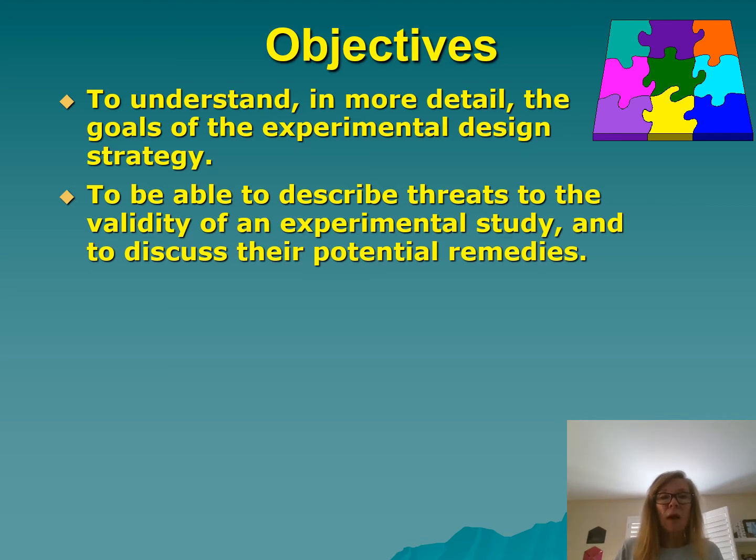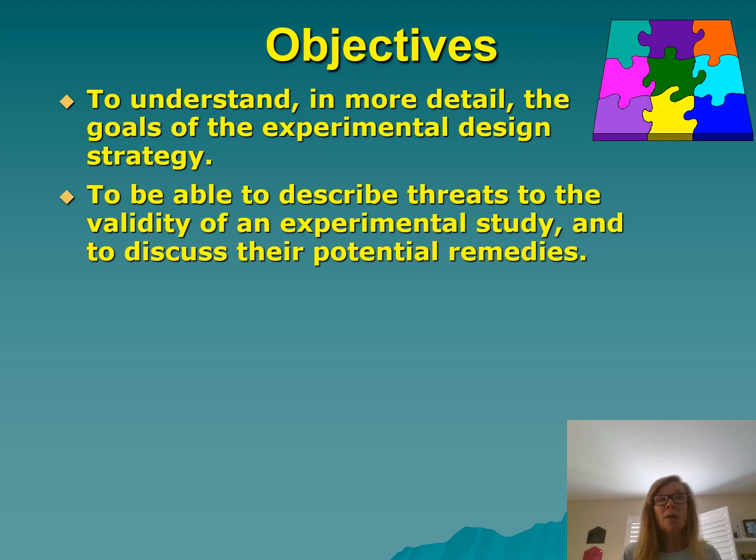Also be able to describe threats to the validity of an experimental study and discuss their potential remedies. This is also a topic that's discussed in chapter 6 of your text. Way back when we were talking about defining and measuring variables, we talked about a type of validity called external validity, another word for which is generalizability. So we talked about how well the findings from your study can be applied outside the confines of your study.